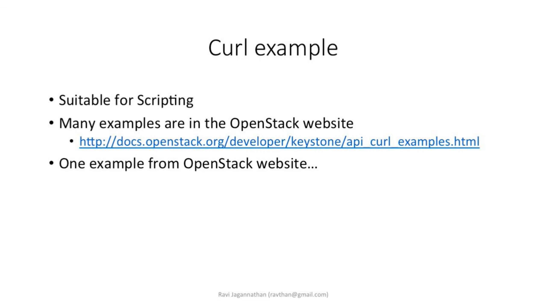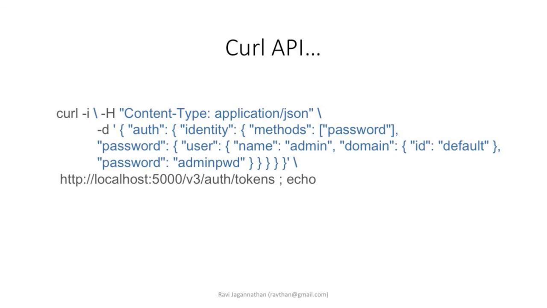To give you one example, this is a typical curl command, and it's going out to the auth URL. These are the password and username you are passing, and then it generates an HTTP request towards that place that you need to get authenticated.